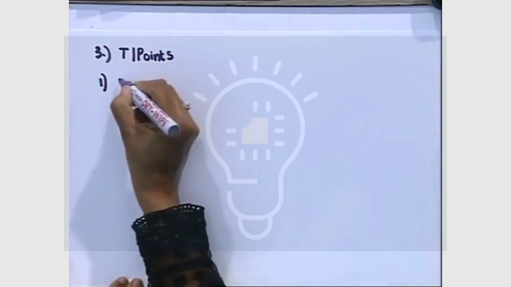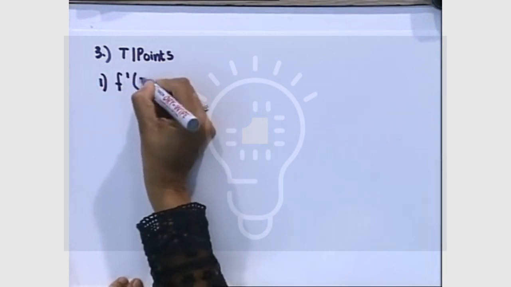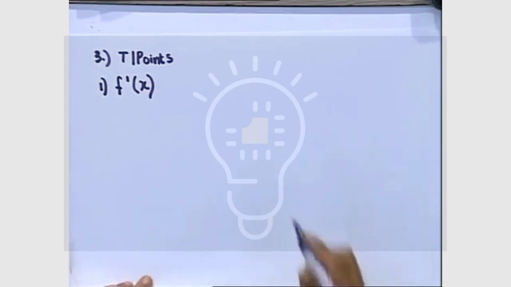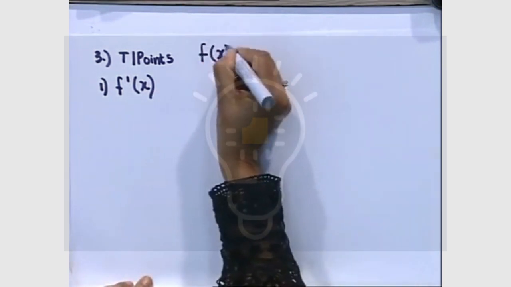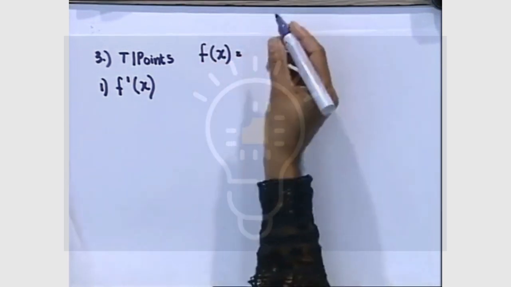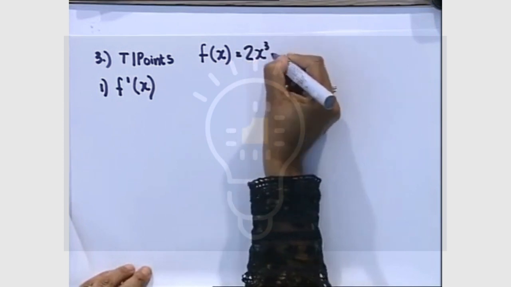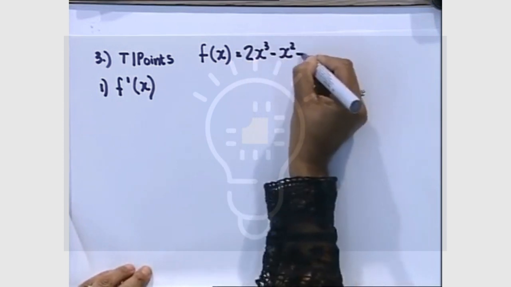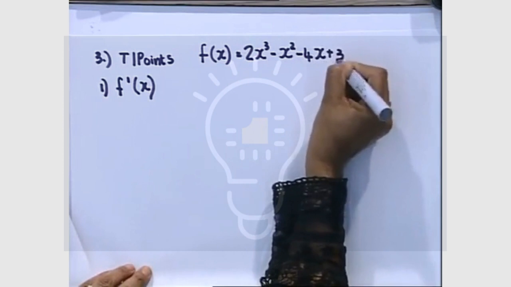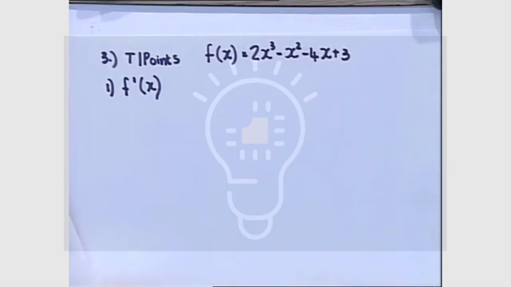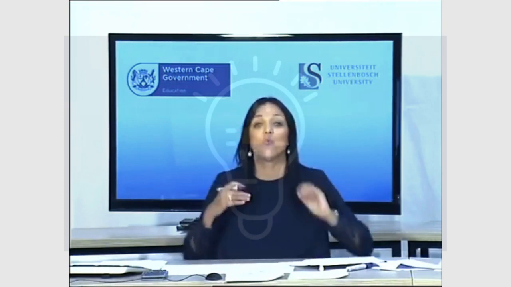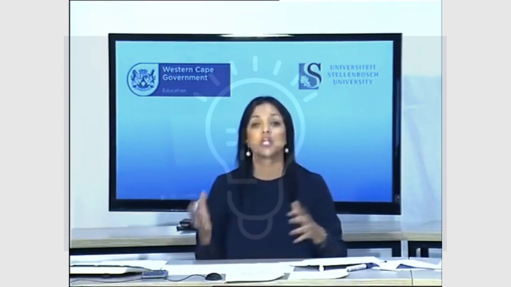Number 1, first determine the derivative. That's step number 1. Okay, so come do this with me. Your f of x is equal to 2x cubed minus x squared minus 4x plus 3. So step number 1, if you have the turning points already, you can SMS it, WhatsApp it through to us, then I can check whether you are right.